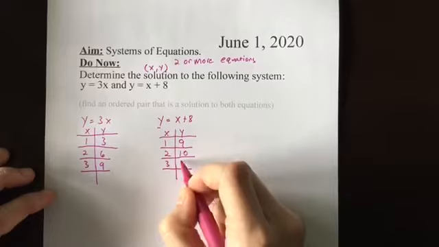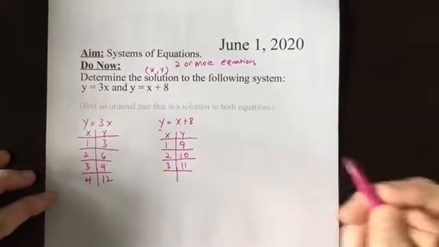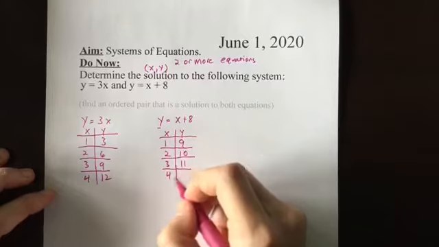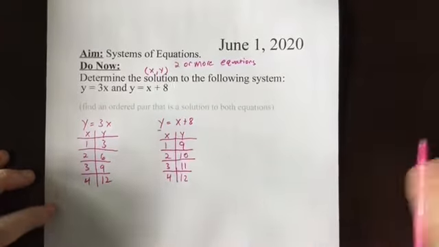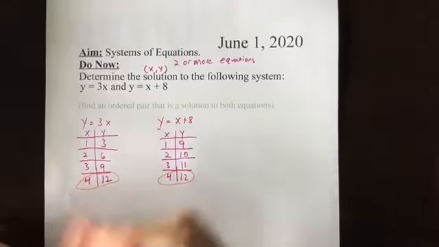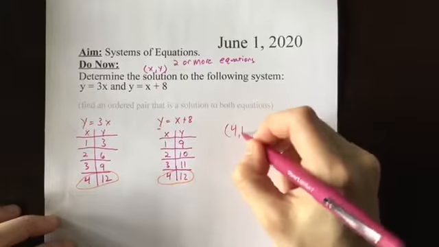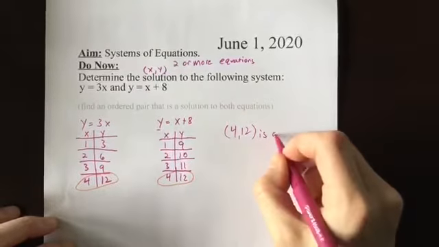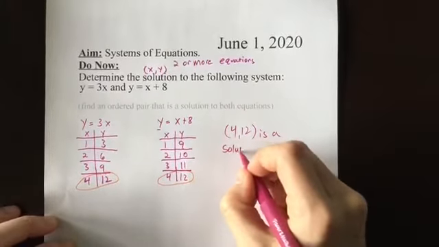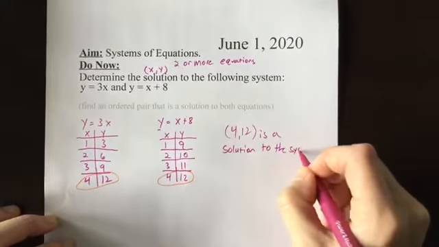X of 3, our y would be 11. X of 4, our y would be 12. X of 4, the y would be 12. So there we have it. There's our solution. So we would say that the ordered pair (4, 12) is a solution to the system.